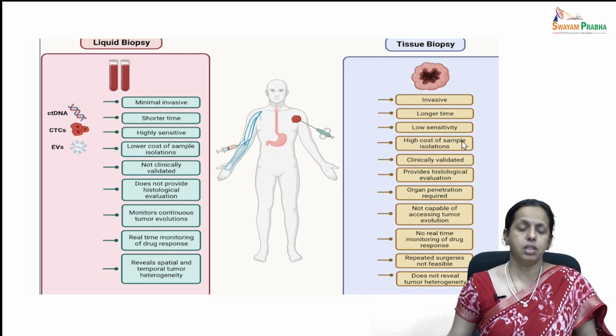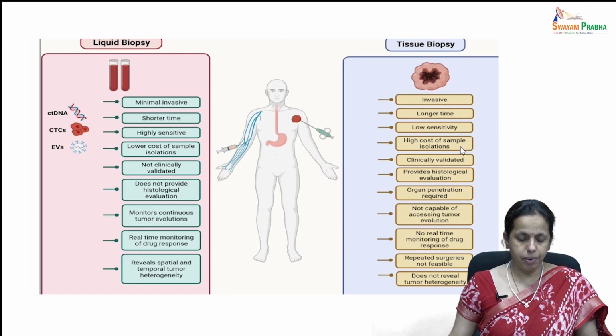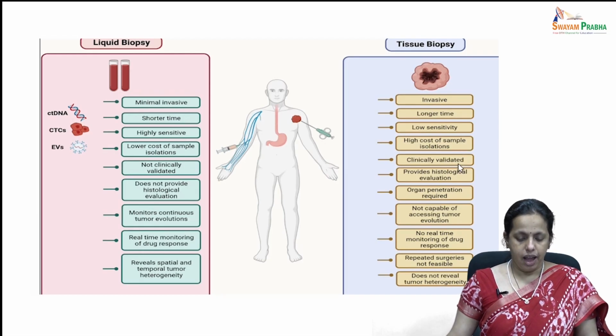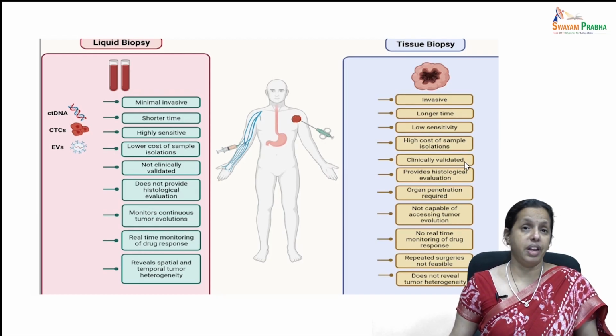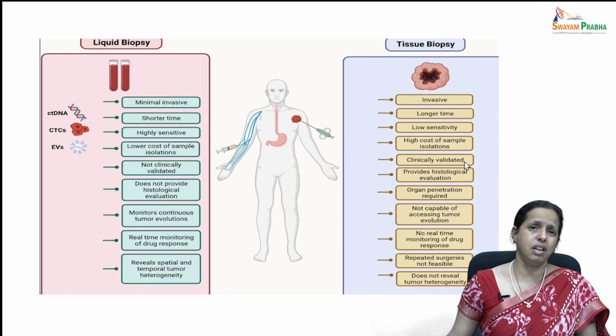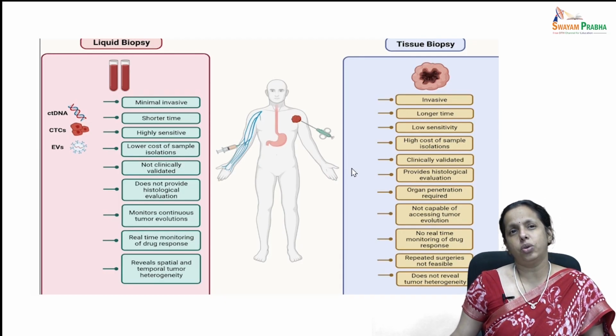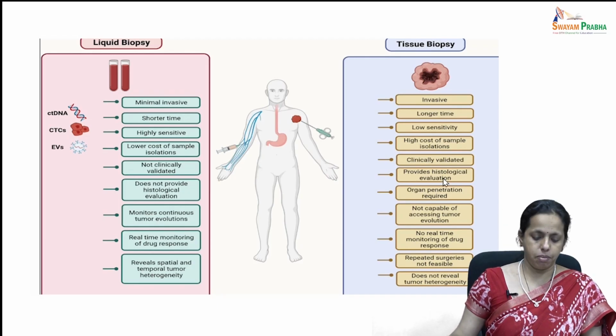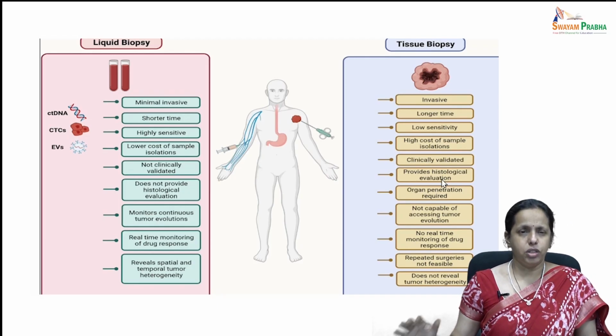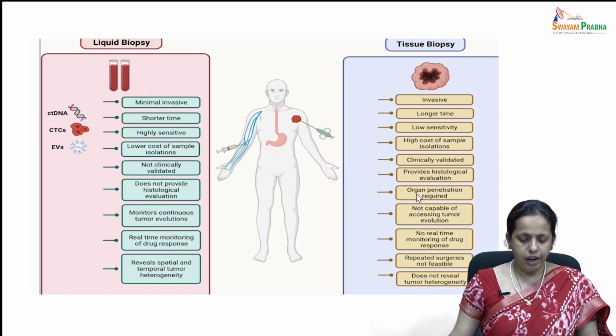It also has a high cost of sample extraction, but it is very well clinically validated. It is an age-old gold standard conventional method, and you can even go for other histopathological markers like HER2 or whatever other markers you want to take up.